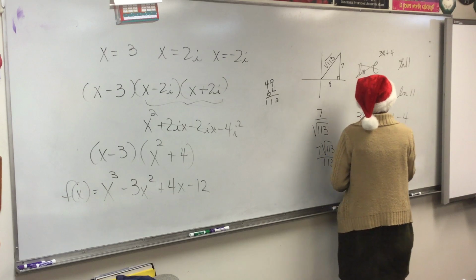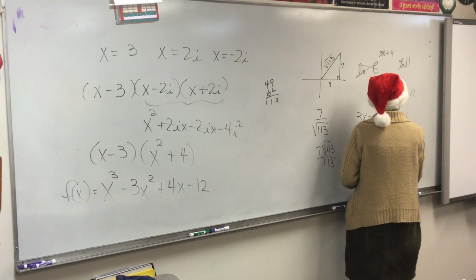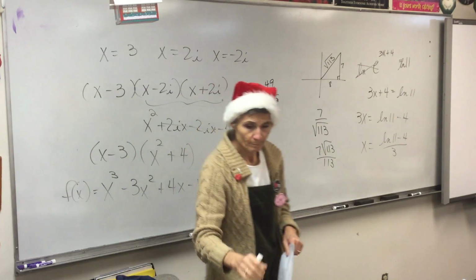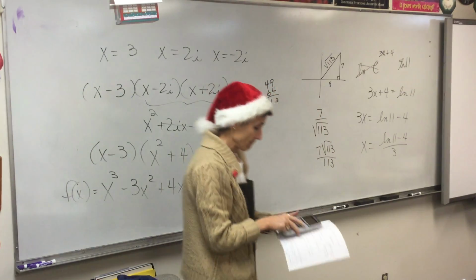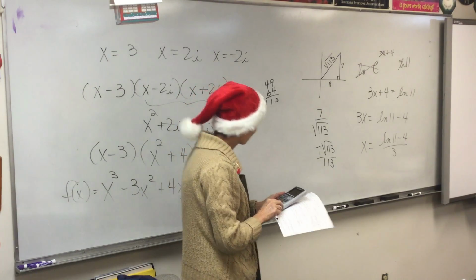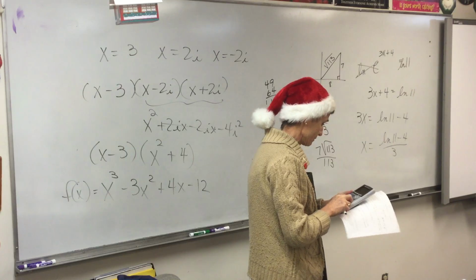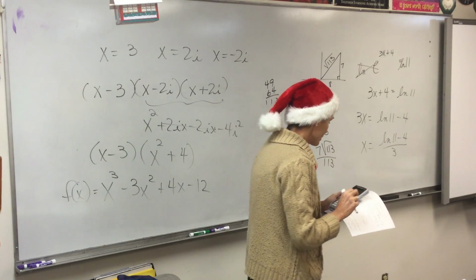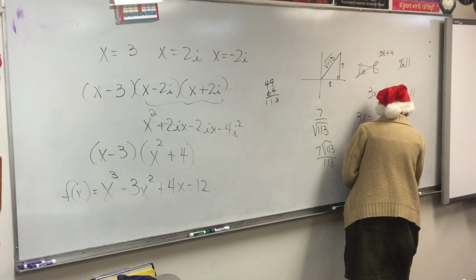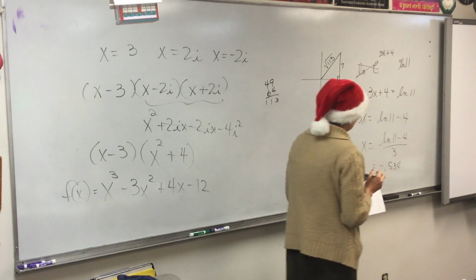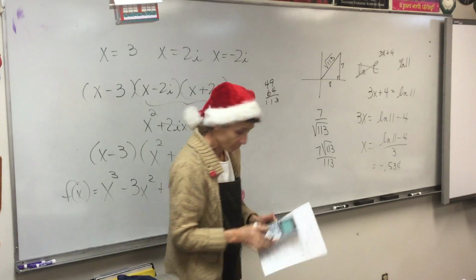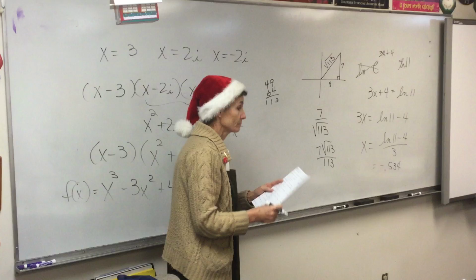And then, yes, Brenton, we're going to divide by 3. So our answer would be ln 11 minus 4, divided by 3. Did you get negative 0.534? Is that okay with everybody?